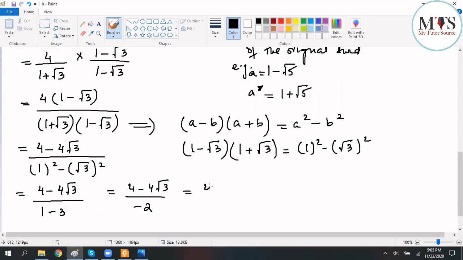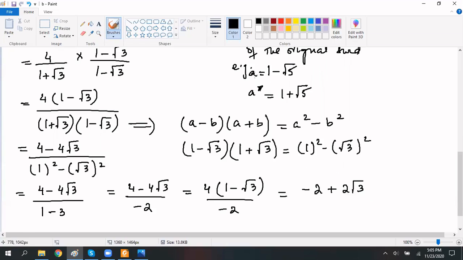And if we simplify it, this becomes negative 2 plus 2 root 3. Okay. Any question about this? No.